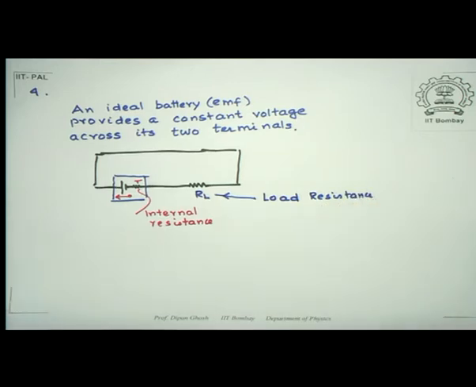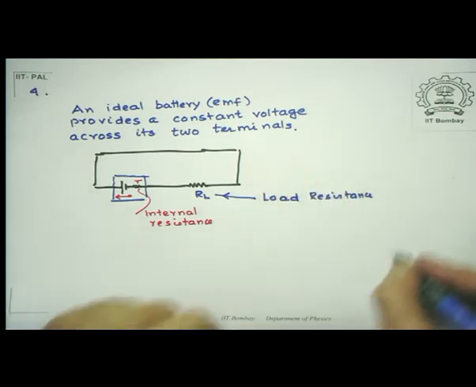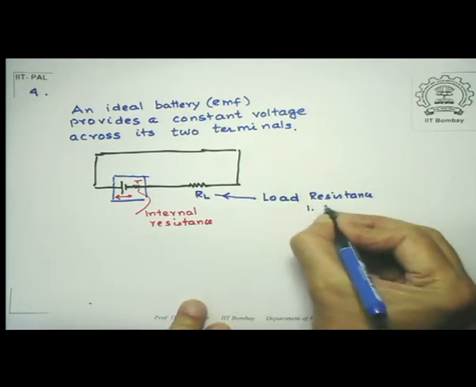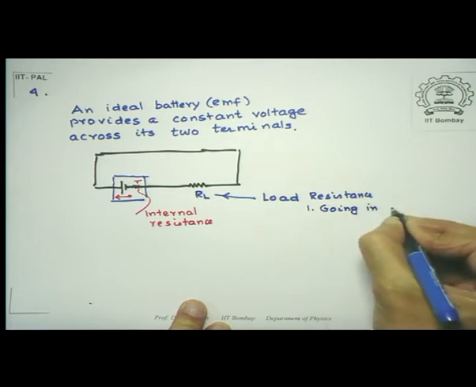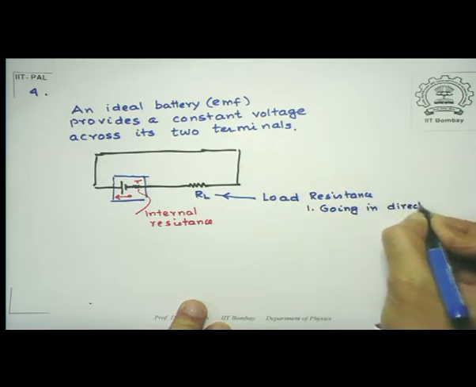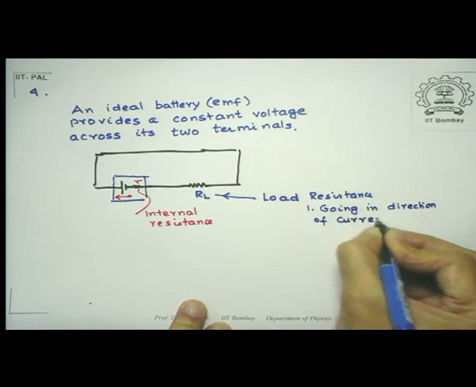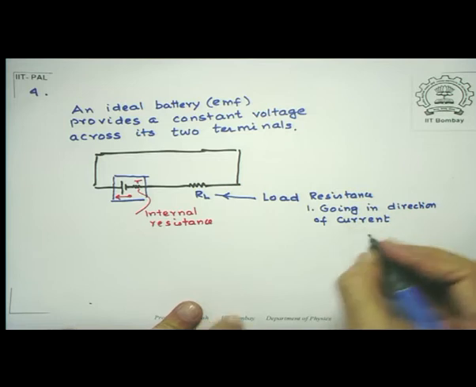So the rule is something like this: supposing you go in the direction of current. Let me just quickly try to write this somewhere here. Going in the direction of current, as you go through a resistance, the potential drops by an amount IR.